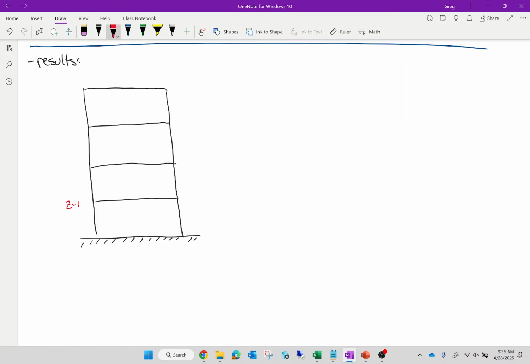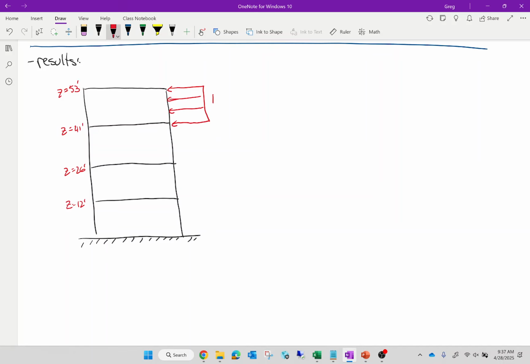Z equals 12 feet, 41 feet. So here's my building, right? And essentially what I've calculated are pressure loads.